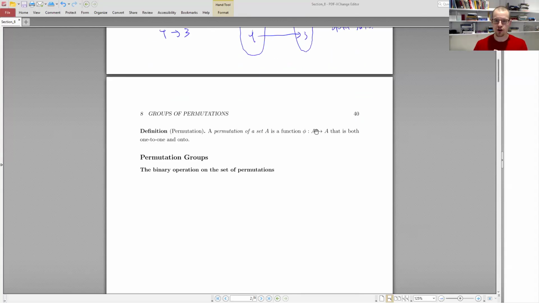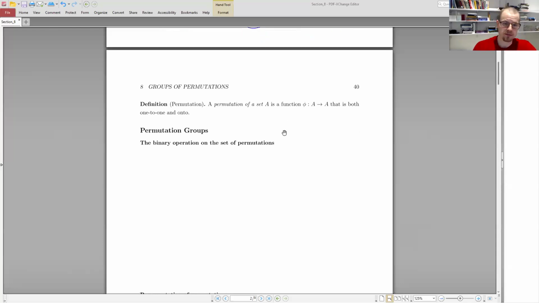Since our functions go from A to A, if we have another function, it will just take it from A to A again. And since they're all one-to-one and onto, we get exactly what we're looking for, another permutation. So what is the binary operation on the set of permutations?